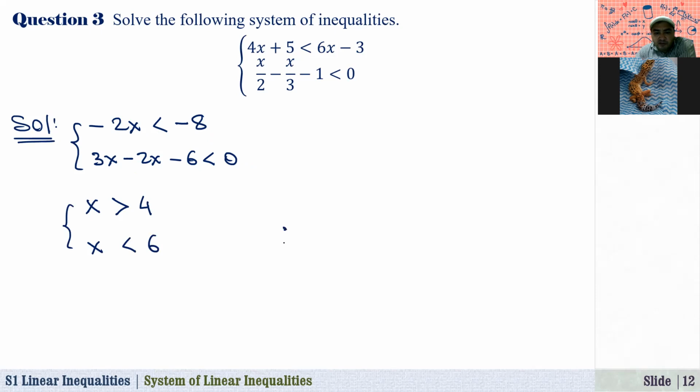So now from here, the solution of this inequality is 4 is less than x, x is less than 6. That is the solution set of this inequality, or a set form from 4 to 6.